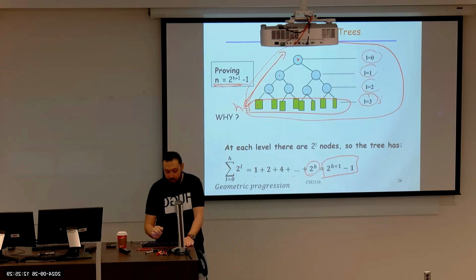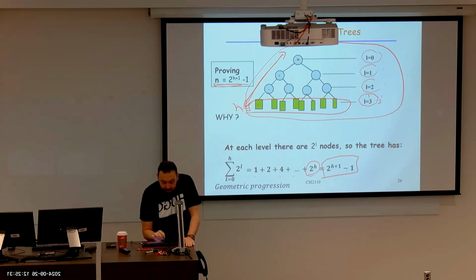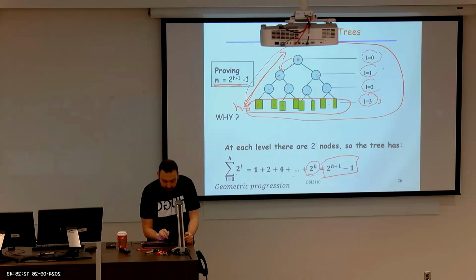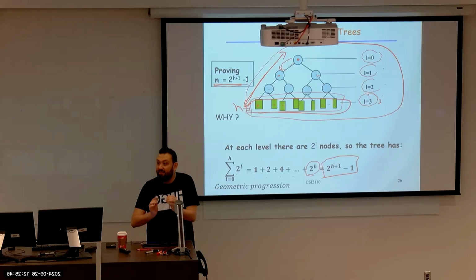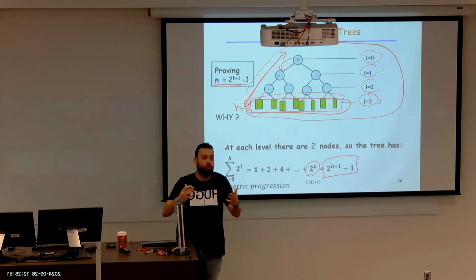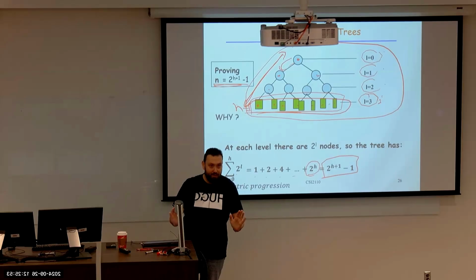Okay, so what we're measuring here, how can we measure the worst case? Maybe I'm asking for something here or here and it is going to take me 1. But when I say big O, it is the worst case. So I'm looking for something here. And if I prove that the maximum distance can be log of n, that means the worst case is going to be log of n.